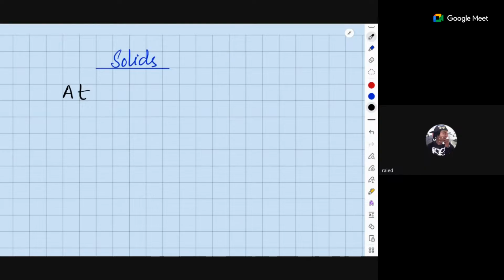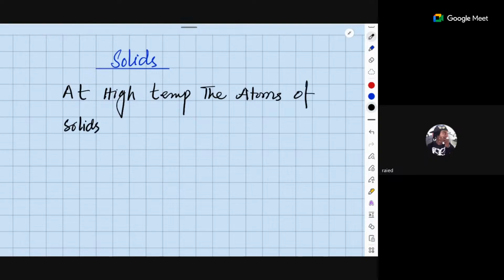Okay, so at high temperature, the molecules or the atoms of solids vibrate vigorously.